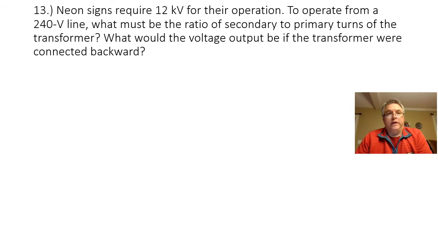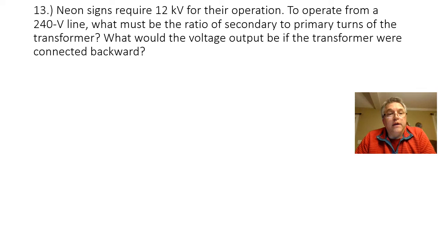Problem 13. Neon signs require 12 kilovolts for their operation. To operate from a 240 volt line, what must be the ratio of secondary to primary turns of the transformer? What would the voltage output be if the transformer were connected backward?